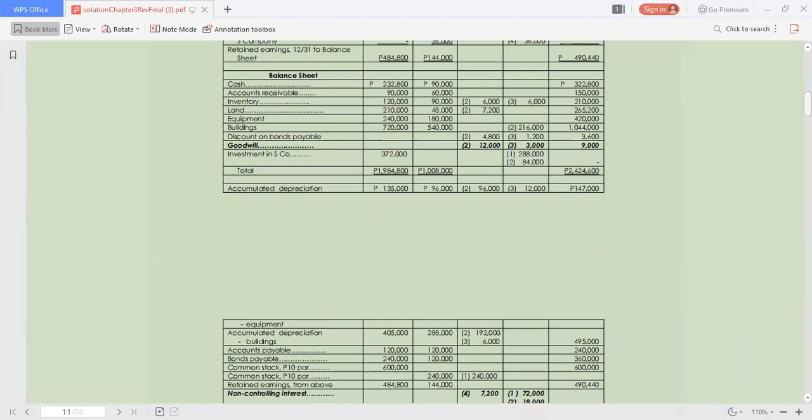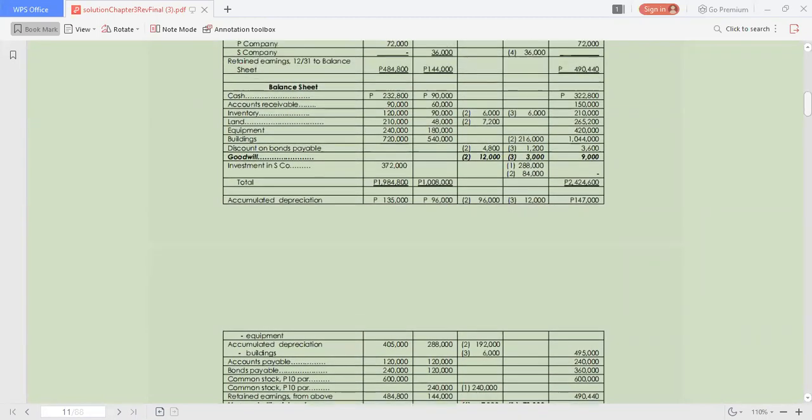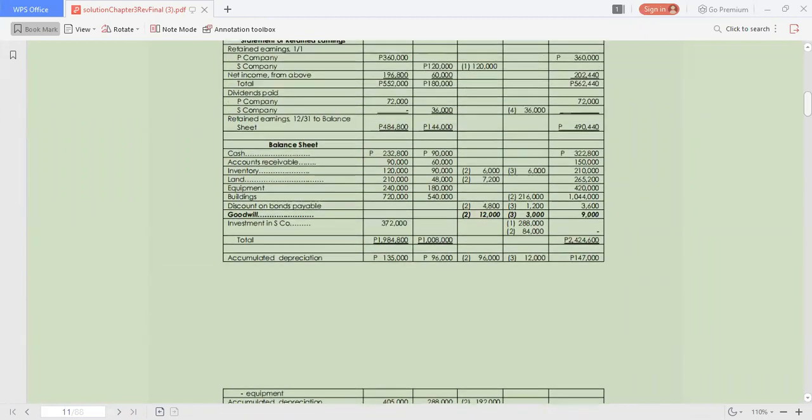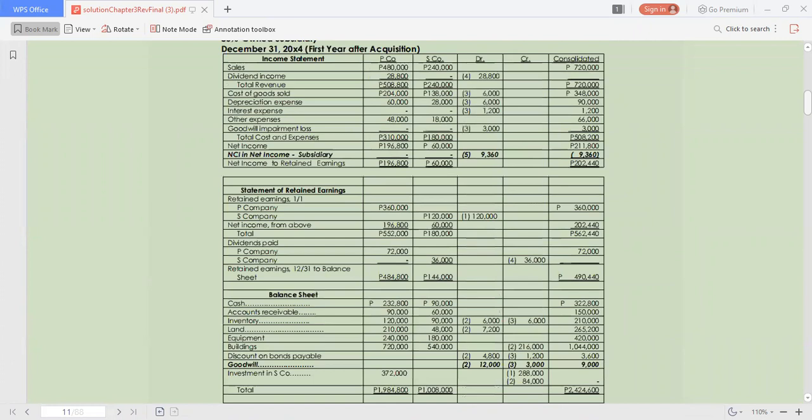Then we debit common stock at par of S company for 240,000. So the total is 360,000. Now, what are the corresponding credits here?